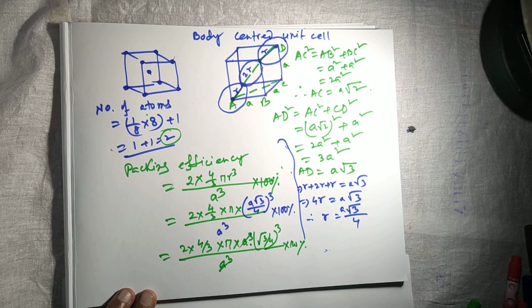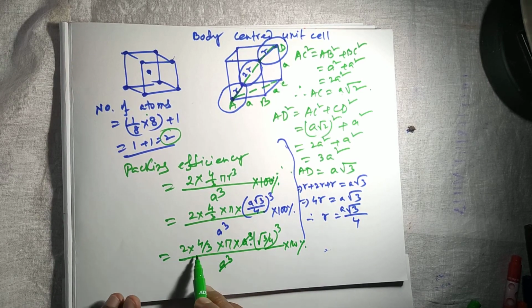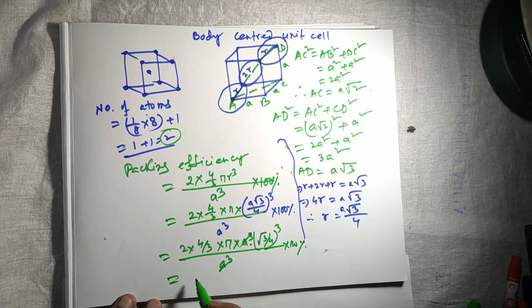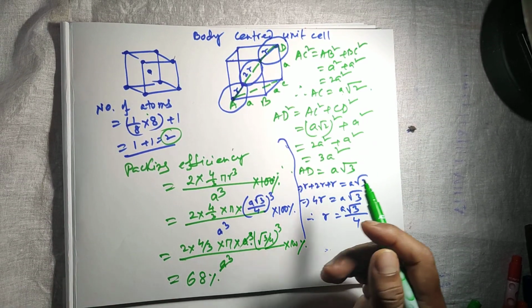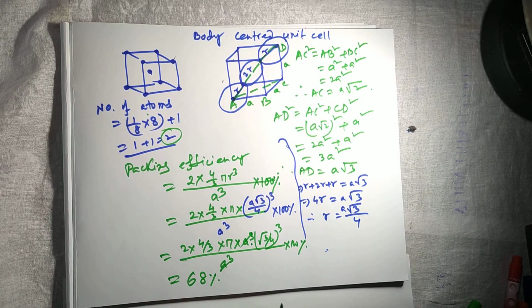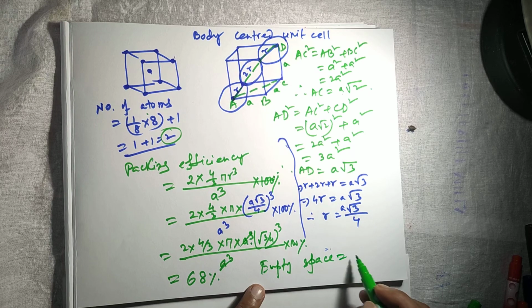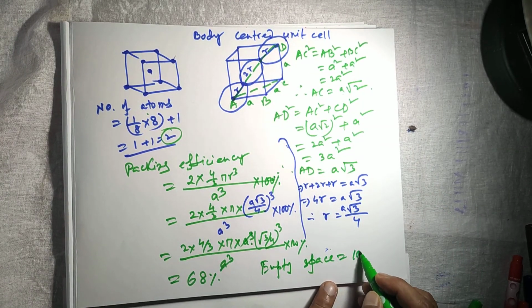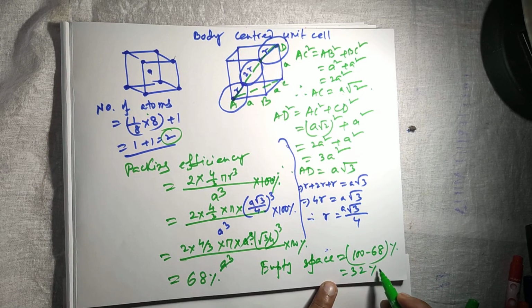Cancellation will be there. After that, if you calculate this value, you will get 68%. So in case of body-centered unit cell, the packing efficiency is 68%. The empty space in the cell will be 100 minus 68%, that means 32%.